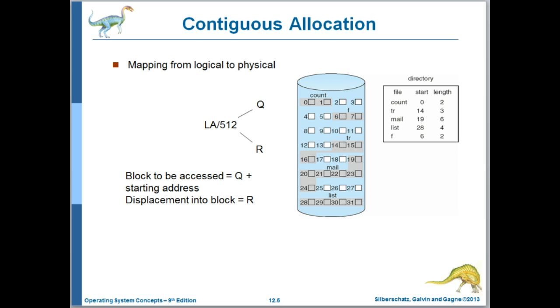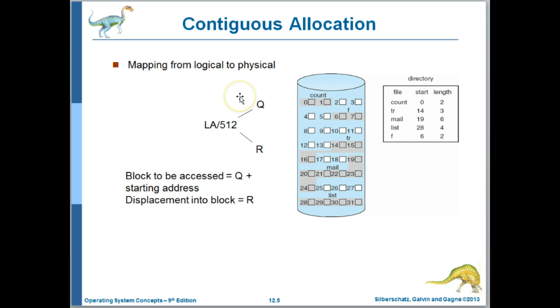So contiguous allocation, the parameters for a file are a starting block and a number of blocks. So assuming that the block size is 512 bytes, given a logical address, and here we're talking about a byte offset within the file, to convert that to a physical block number and an offset within the block, take that logical address divided by 512, the block size.